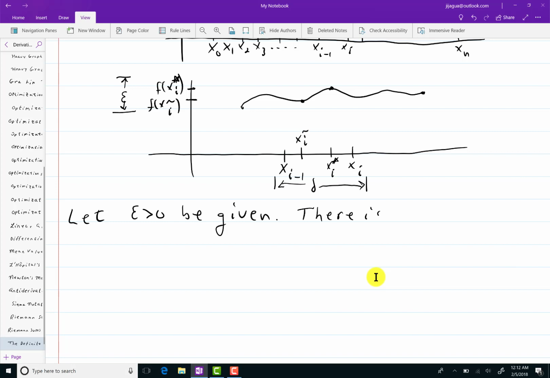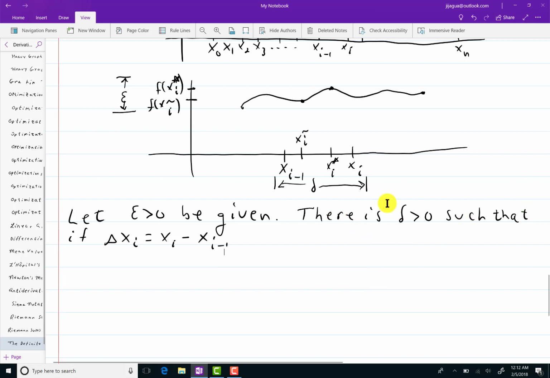There is delta greater than 0 such that, and let me just keep reminding you what that is, delta x sub i equals x sub i minus x sub i minus 1.